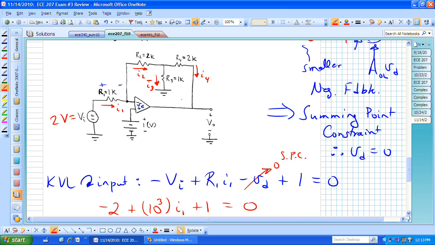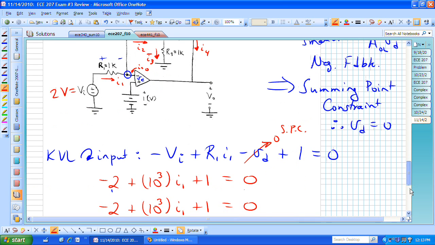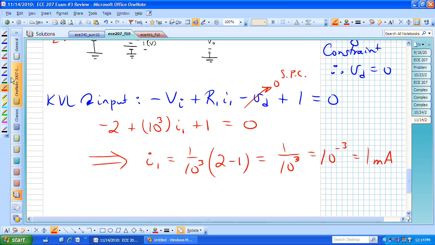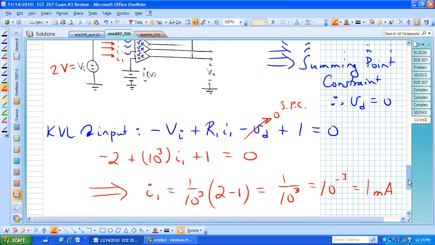We found I1. I1 can now be related to the currents existing in these other resistors by doing a KCL at the inverting terminal, remembering that the current going into the op amp is equal to 0. Meaning KCL at, what do we want to label that?